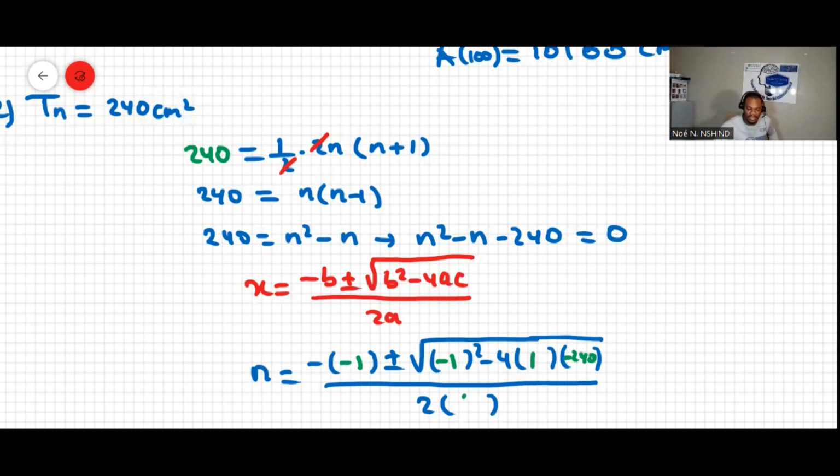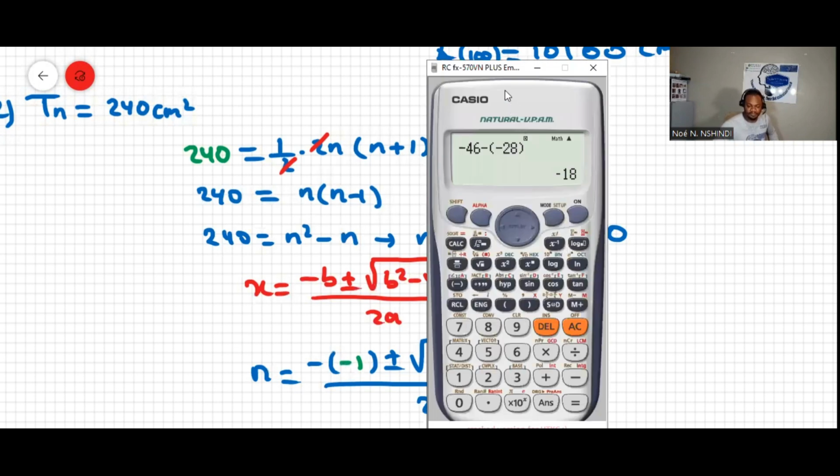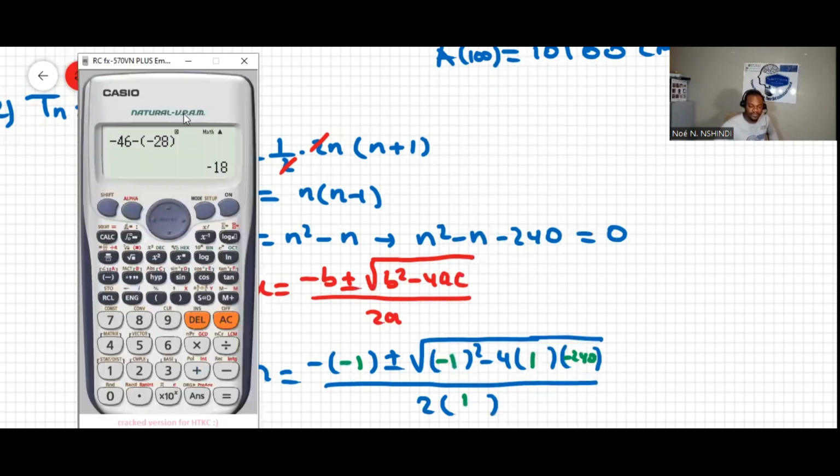A is 1. Now we can use a calculator to find the values of n. So I can do this.